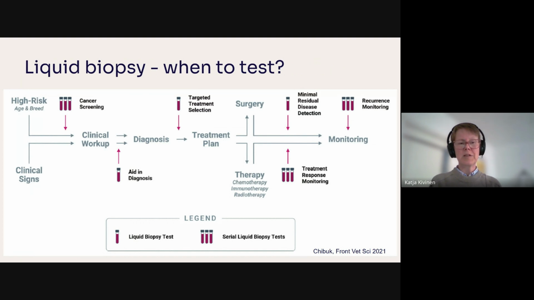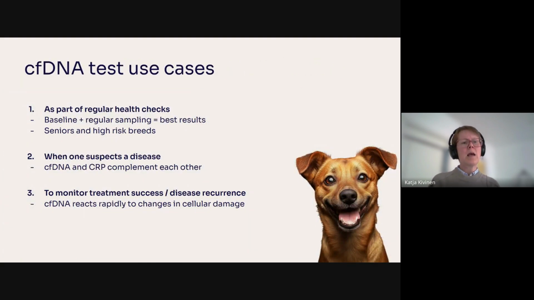But in general, I would say taking multiple samples a few weeks apart, or if this is for cancer monitoring or treatment monitoring, taking multiple samples just prior to each treatment, that's really helpful in looking at the dog's health and how the dog is responding to treatments, how the disease is responding to treatments, and whether there's relapse or disease recurrence.